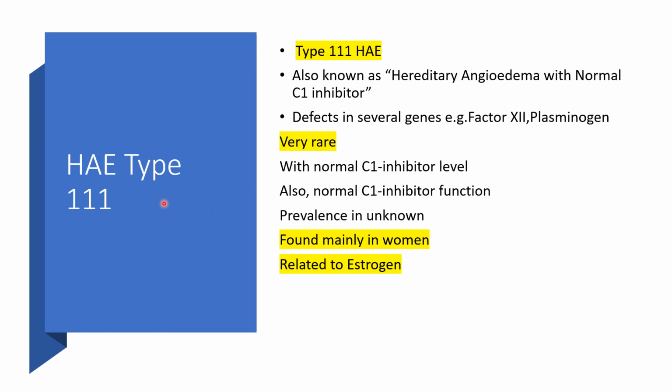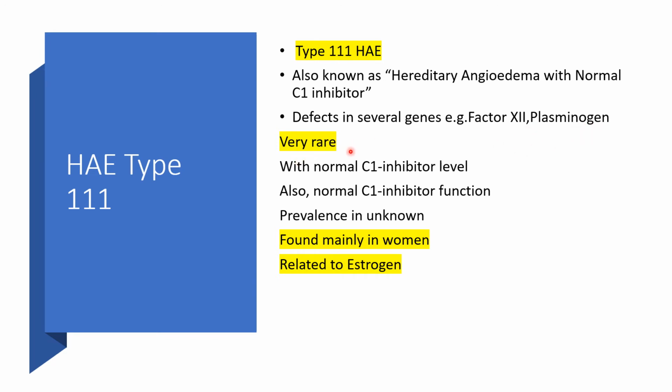Now, type 3. I'm interested again. Type 3 hereditary angioedema. Someone is saying, so you've not been interested in the rest? No, that's not it. But something has changed in recent years in medicine when it comes to this. It's also known as hereditary angioedema with normal C1 inhibitor. There will be defects in several genes affecting factor 12 and plasminogen.